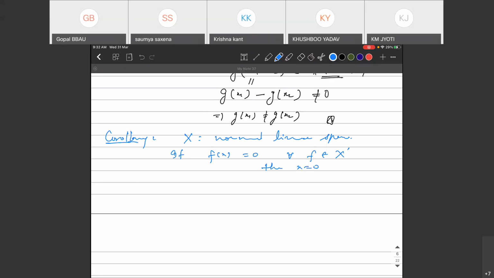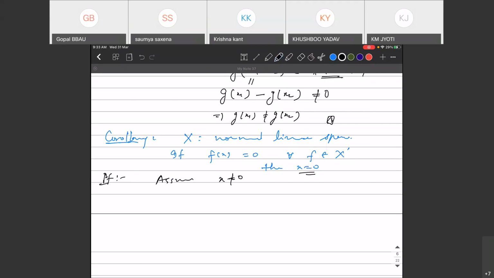So how do we do this? Assume on the contrary that x is non-zero.